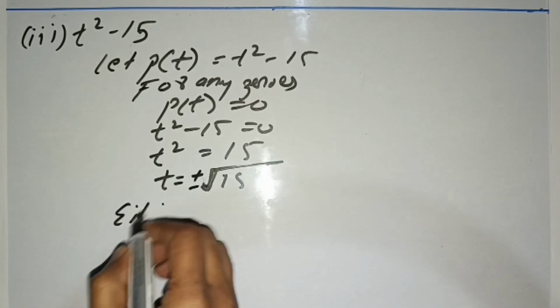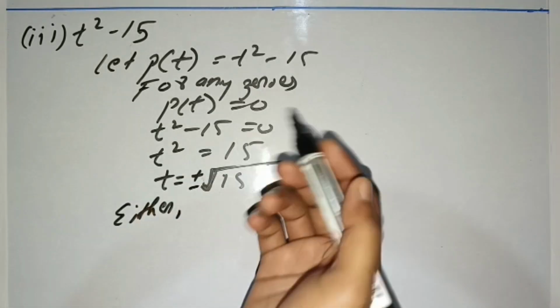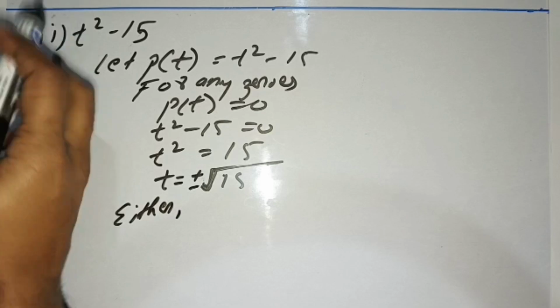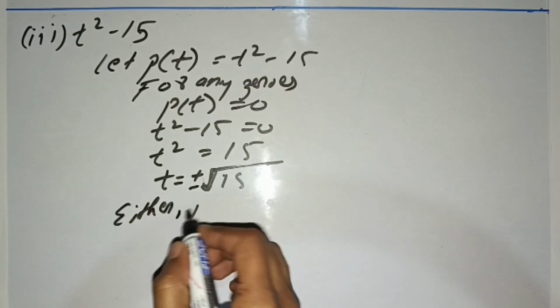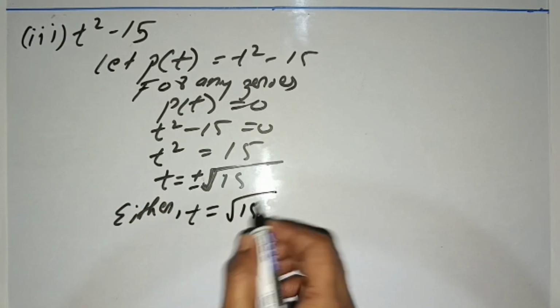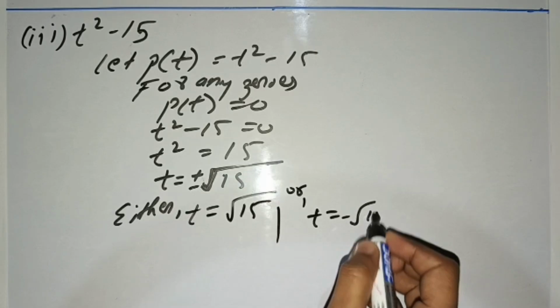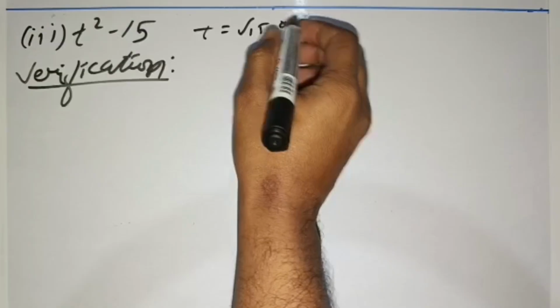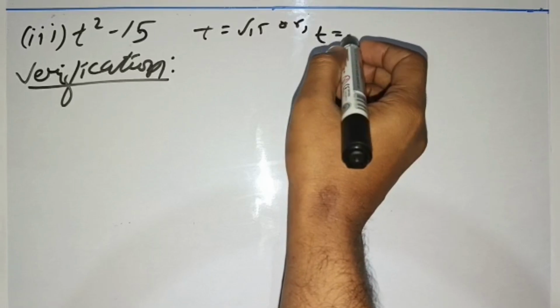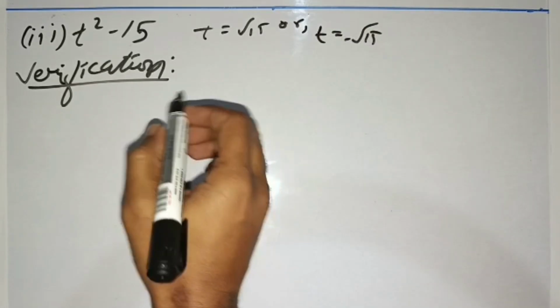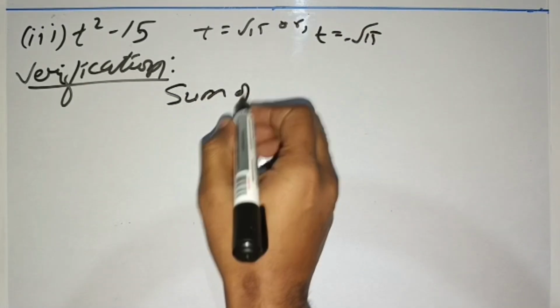So we got the two values of t. We have to get two values of t because it's square. So either t will be equal to root 15 or t will be equal to minus root 15.